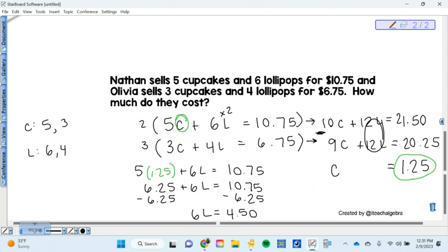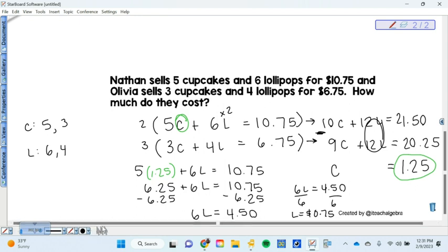And then how do I figure out what 1 lollipop equals? Divide by 6. That's right. 75 cents.